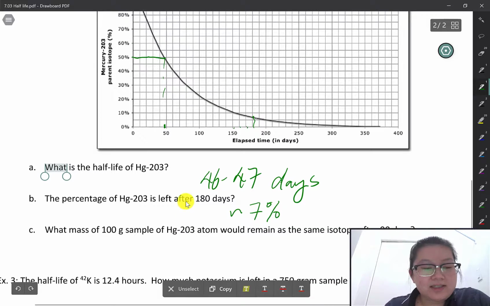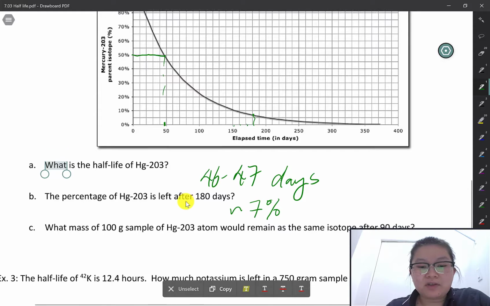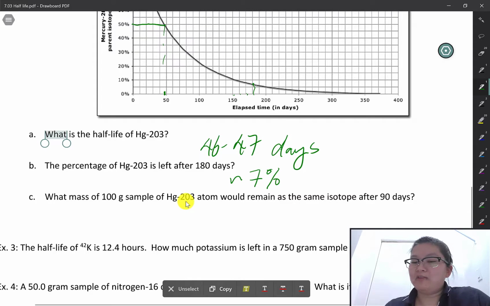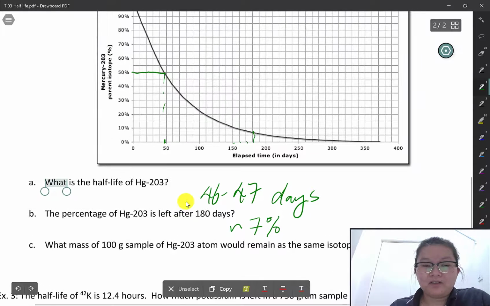Okay, C. What mass of a 100 gram sample of this radioactive nuclei would remain as the same isotope after 90 days? I think this question is saying how much parent nucleus would remain after 90 days. Let's look at the fraction first.